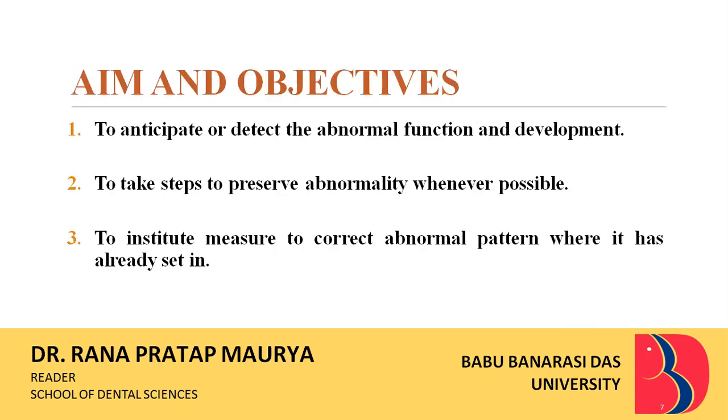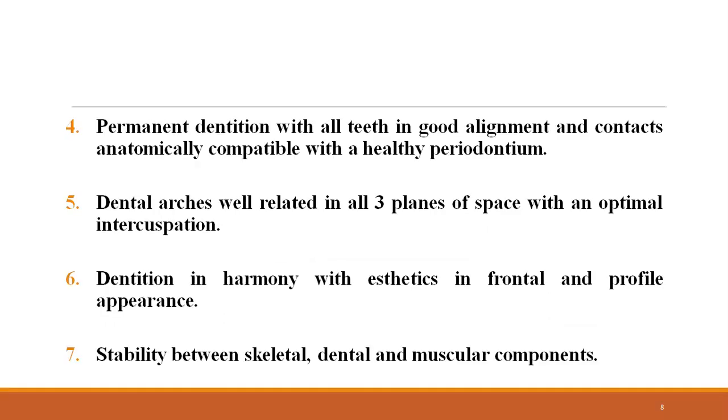The aims and objectives of preventive orthodontics: first, to anticipate or detect abnormal function and development, to take steps to preserve normalcy whenever possible, and to institute measures to correct abnormal patterns where they have already set in.